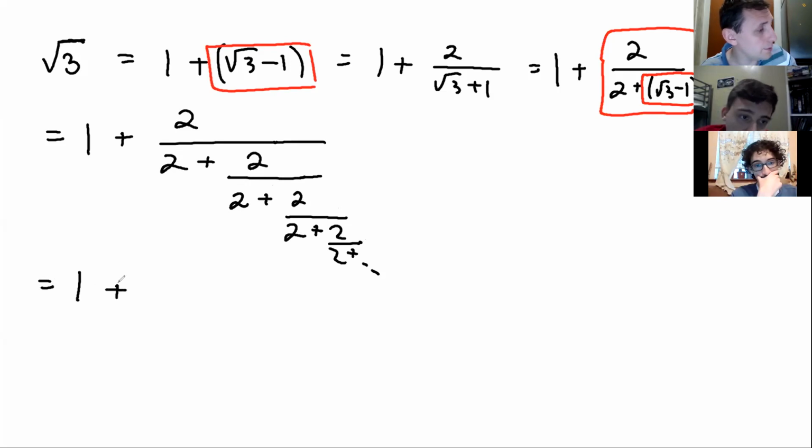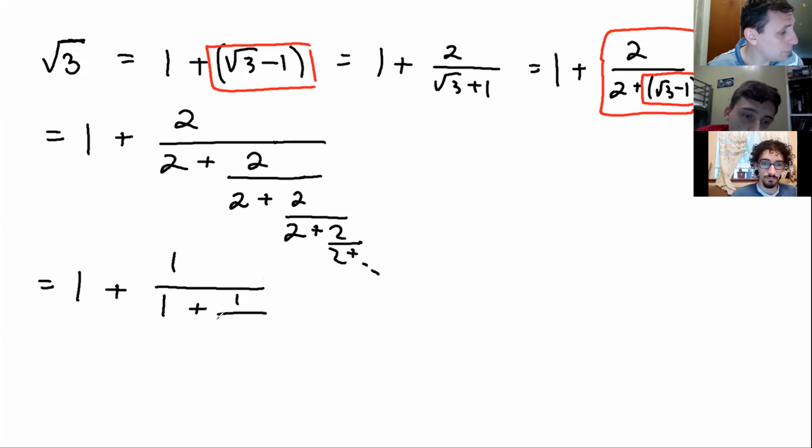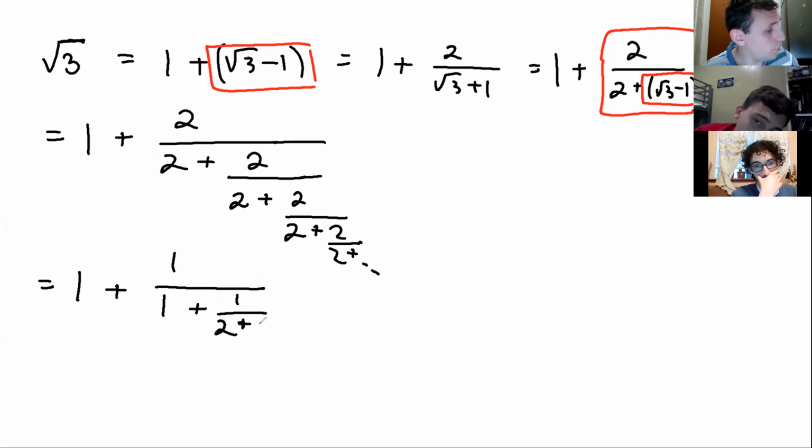So it's like 1 plus, let's see what we can do here. If I divide this by 2 and I multiply this by 2, so that would become 1 over 1 plus 1 over 2 plus 1 over 1 plus 1 over 2 plus and onwards, right?